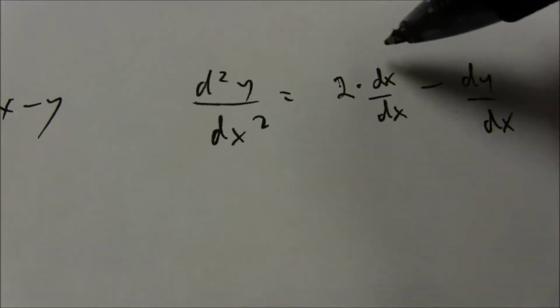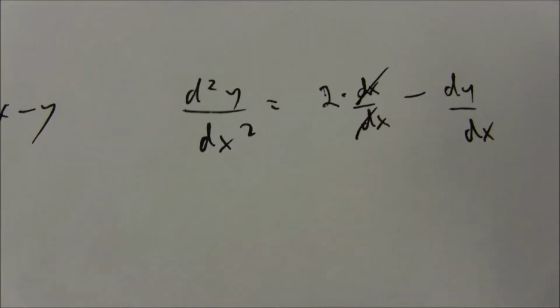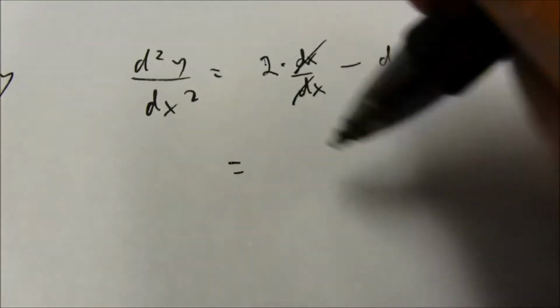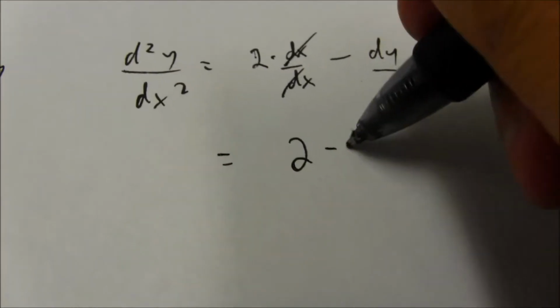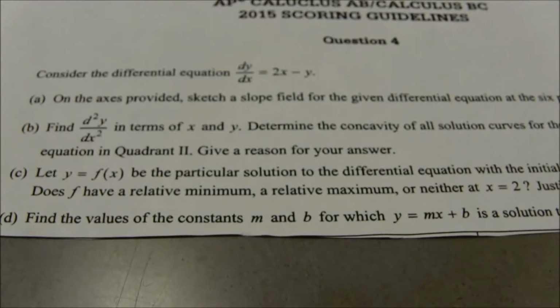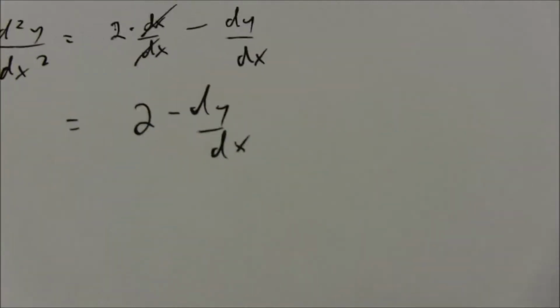And of course dx/dx is really just 1. In fact, a lot of people don't even write that when they're doing the problem. So you end up with the second derivative being equal to 2 - dy/dx. Now if you go back and read the original question, you'll see they ask you to write the second derivative in terms of x and y. Okay, so you notice here I have minus dy/dx.